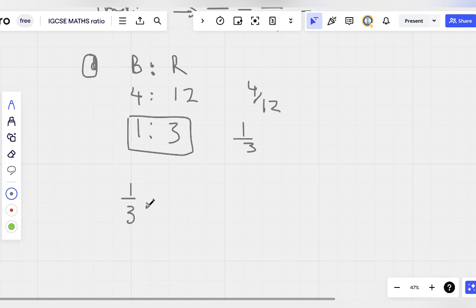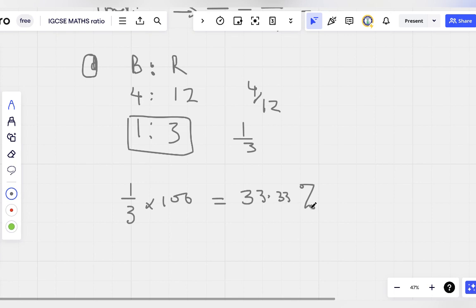So you say times 100. Anything percentage you multiply by 100. Because this is 1 all over 3, 1 all over 3 times 100, you get 33.33%. If you divide. So this will be the percentage of blue cars to red cars.